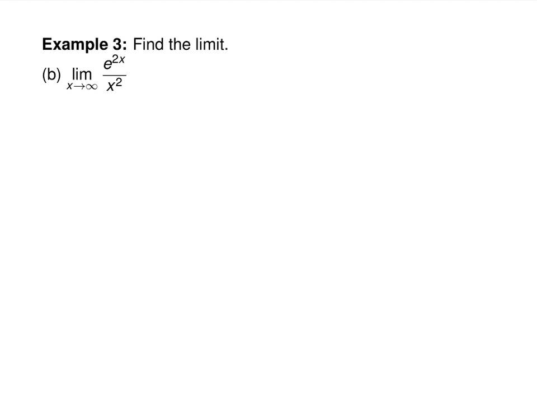All right, now sometimes you have to apply the rule more than once to figure out what's going on. So at this point in time, what kind of limit is this one? It's infinity over infinity.